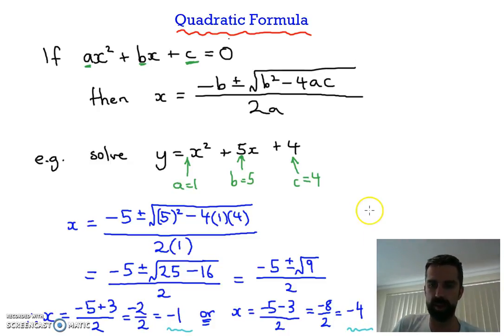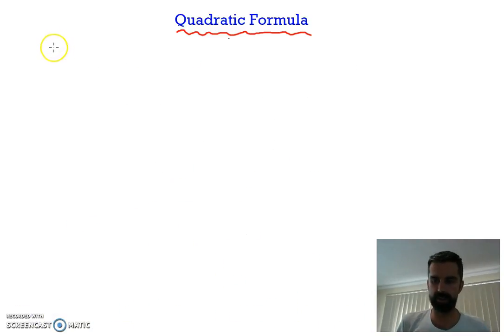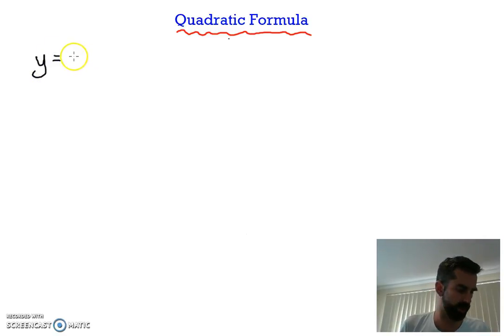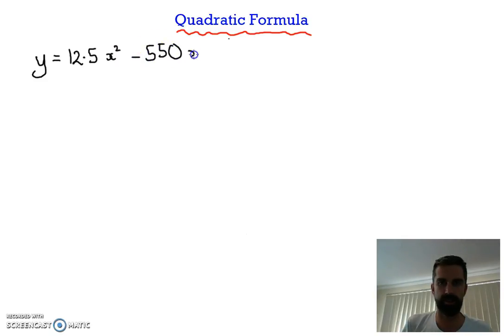Okay, so that was a pretty simple one. Let's do a slightly harder example. And this is where the quadratic formula becomes really, really useful. So let's say we are looking at a quadratic equation and we have something crazy like y equals 12.5 times x squared, take 550 times x plus 5,125.